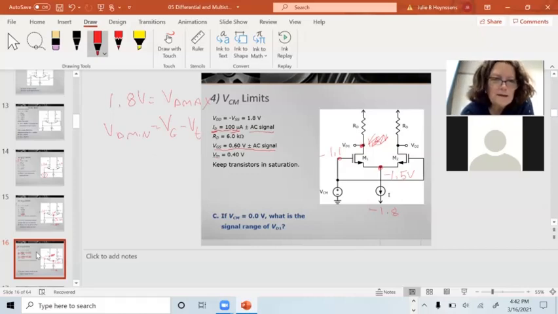So this would be negative 1.1 minus VT, which is 0.4, and this should come out to be negative 1.5 volts. So my output can range between 1.8 and 1.5 volts. Okay. So VD min is just equal to VG min minus VT.